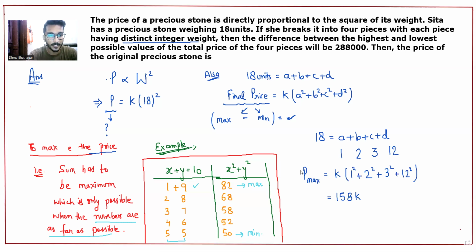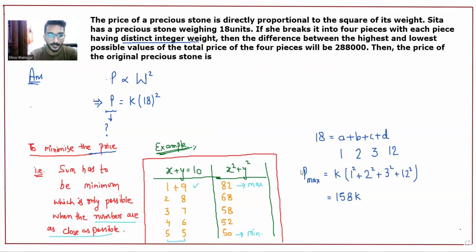Similarly, to get the minimum price, the numbers should be as close as possible. Minimize the price, the sum has to be minimum, which is only possible when the numbers are as close as possible. I hope this makes sense now. Let's make this as close as possible. So how can you break down 18? 18 can be broken down like 9 plus 9 or 5, 5, 4, 4.